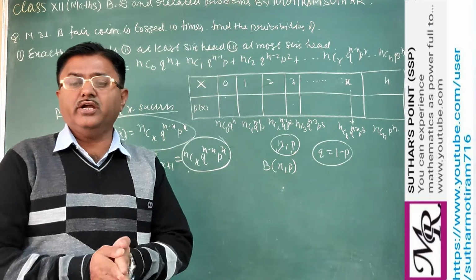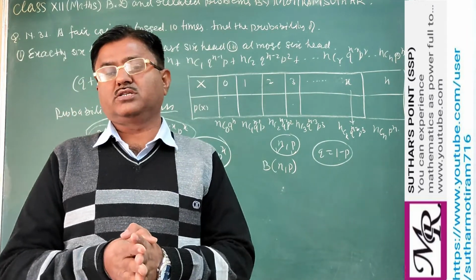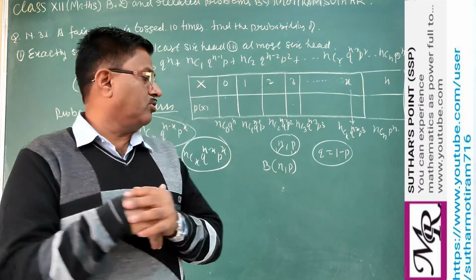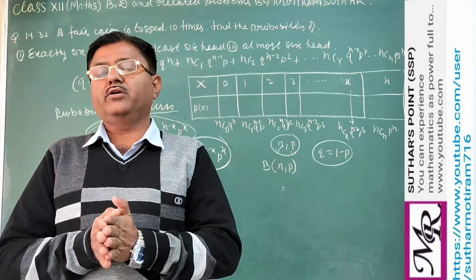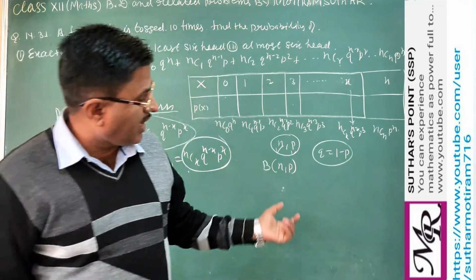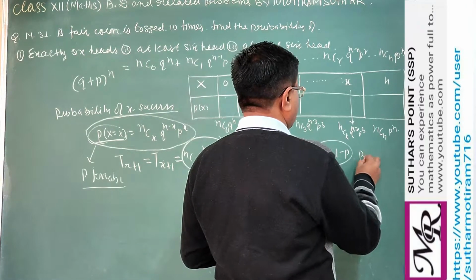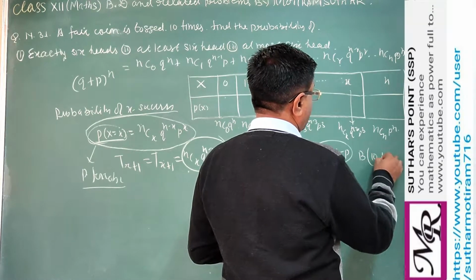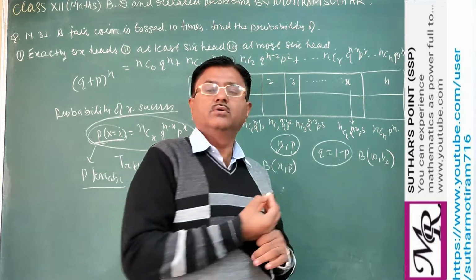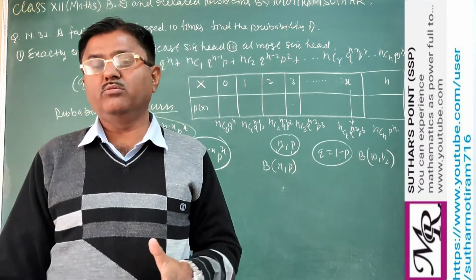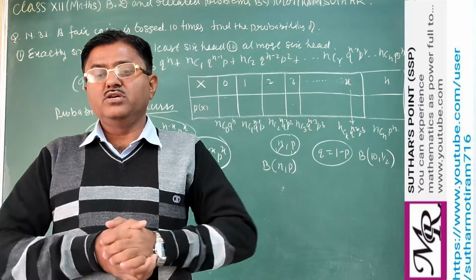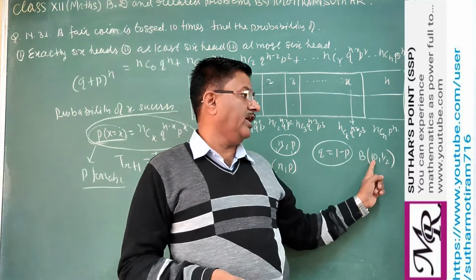So this indicates the binomial distribution, where B is for binomial, n for number of trials, p for probability of success. Suppose B(10, 1/2) is given, find the binomial distribution.